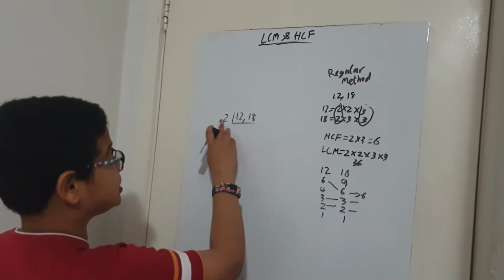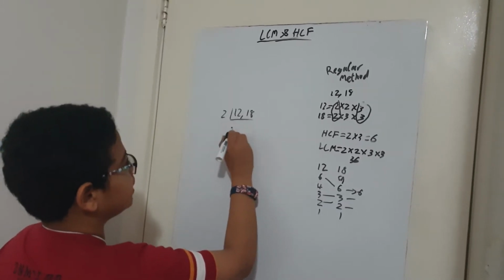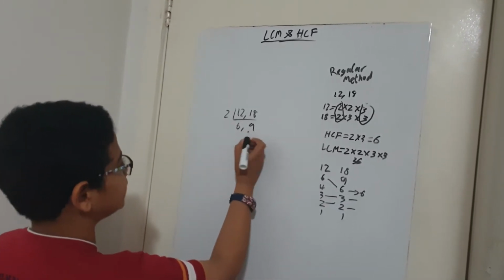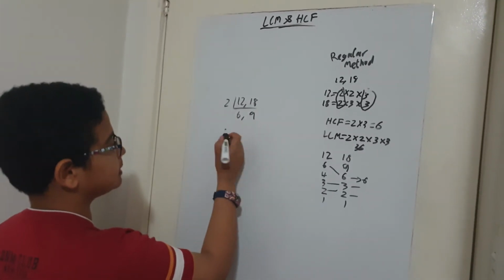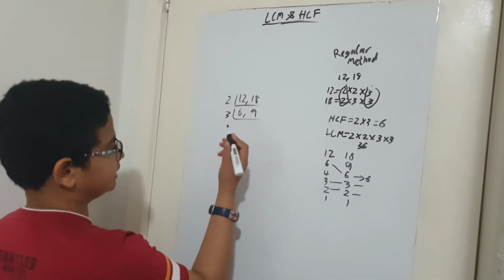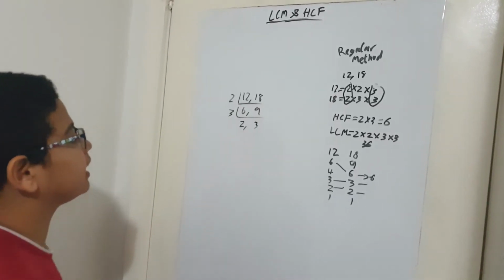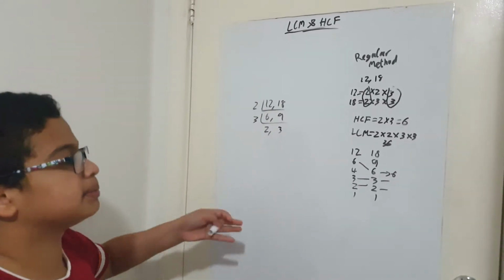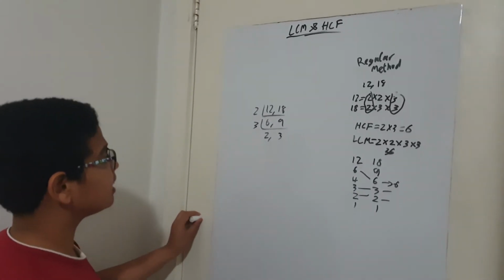Then you divide by 2. So it's 6, and then 9 is left over. Then you have to see a common number between them, and I can instantly see that's 3. Then it goes to 2, then 3. It's just a coincidence that these numbers are the same; it's not the proper thing.